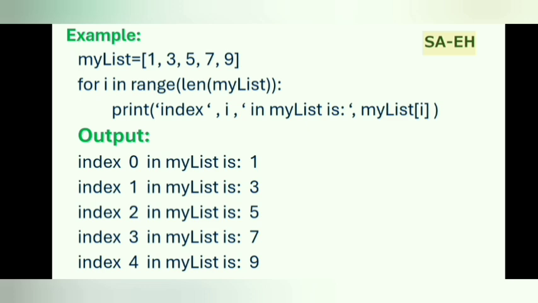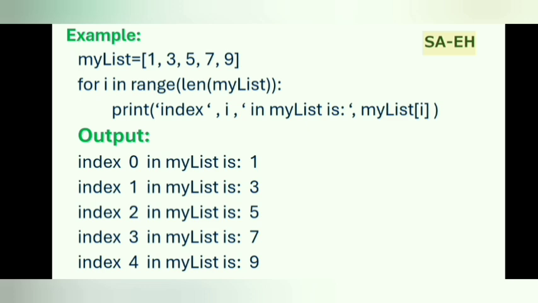Here the len function returns a numeric value of 5, which is the length of the list. The range function returns a sequence of numbers 0, 1, 2, 3 and 4. These numbers are used as the index value for the list. Inside the loop, the print statement will display each index and element of the list.